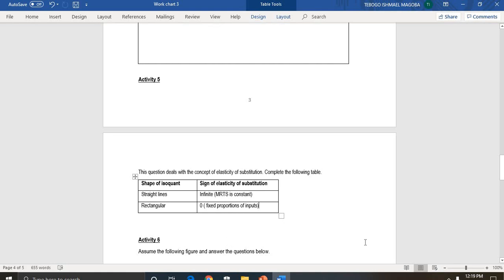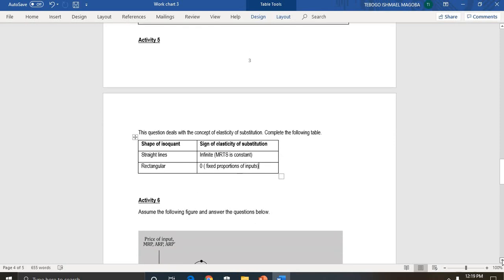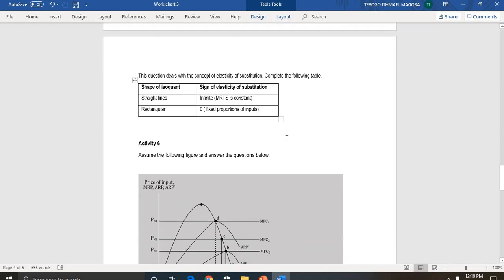It will never be constant, but on a straight line, it is. So this was just for me to explain why it is infinite and 0, but for the answer, you just write infinite with the infinity sign, and then here it's 0. I just wanted to explain why we say that.